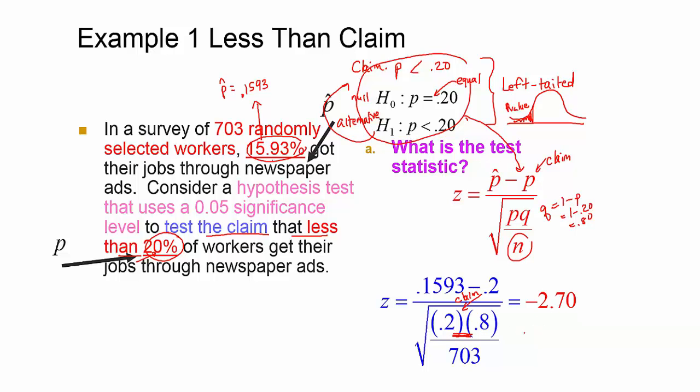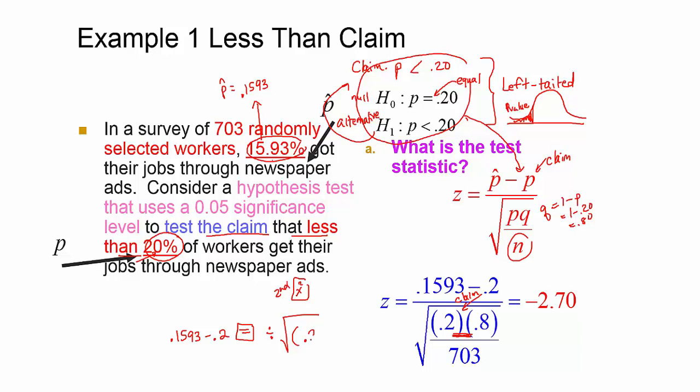To type this in the calculator, here's a suggestion. Do 0.1593 minus 0.2 and then press equals. Now hit divided by, get your square root, so you might have to do second and hit your x squared button to get your square root symbol. Usually the square root comes up with a parentheses.